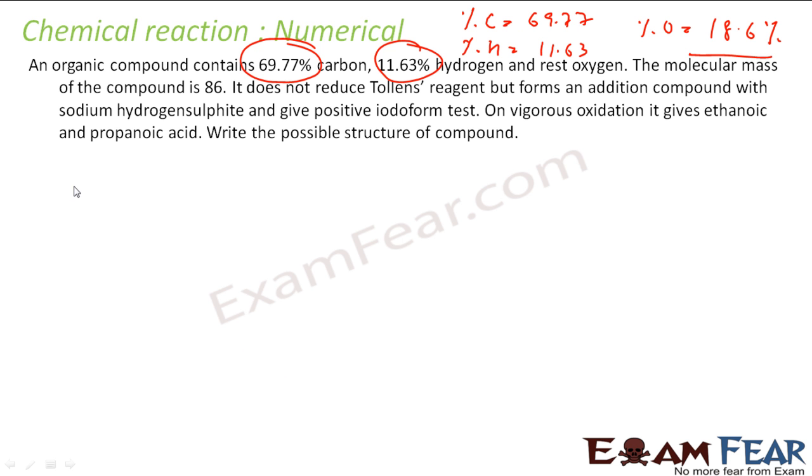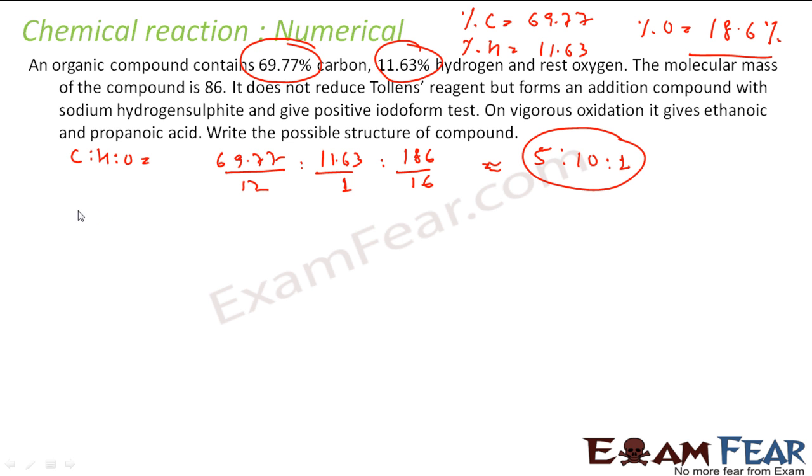So these are the percentages of carbon, hydrogen, oxygen. The ratio will be 69.77 by 12, 11.63 by 1, and 18.6 by 16. Correct? So this comes out to be approximately 5:10:1.